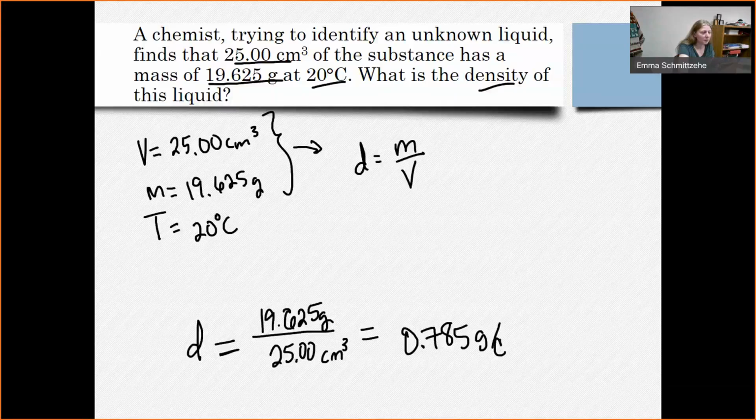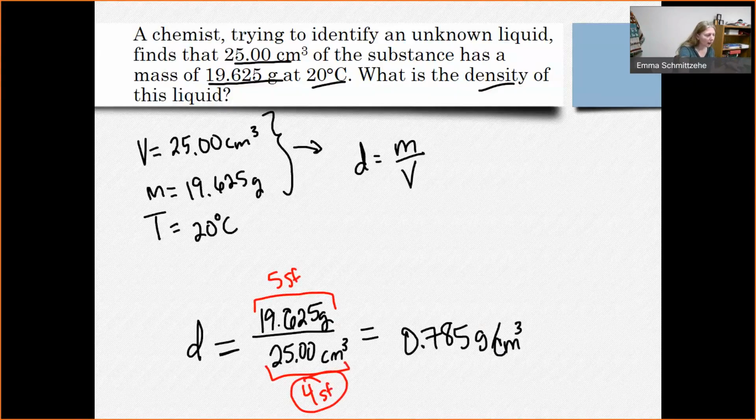So again, always pay attention. This is what the calculator gives us. Now, don't stop there. Always go back and analyze sig figs, okay? So look at this value, that's 5 sig figs, okay? And this value, that's 4 sig figs. And I'm doing a division, so I'm looking for fewest sig figs, okay? So 4. So in the end, I need 4. This 0 does not count, okay? So I have the 7, the 8, the 5.